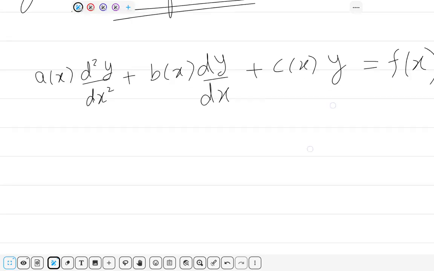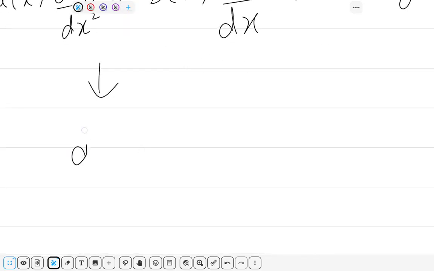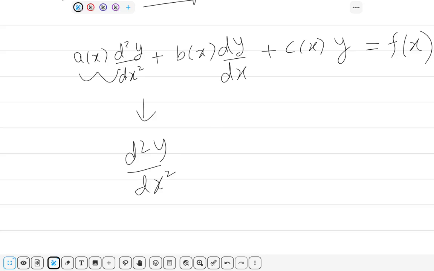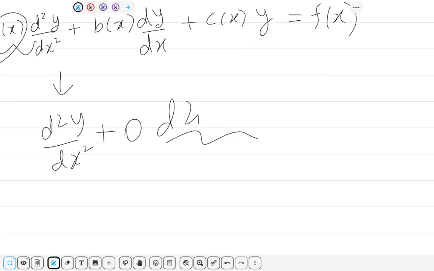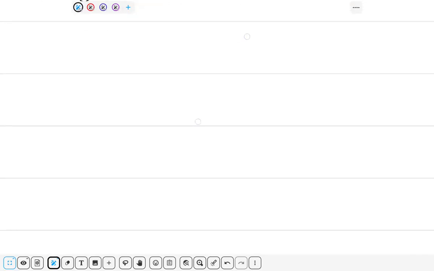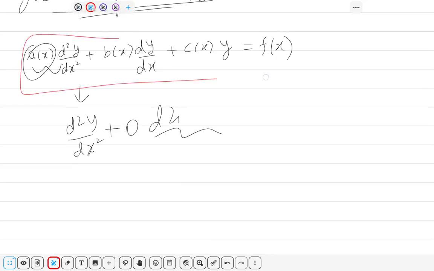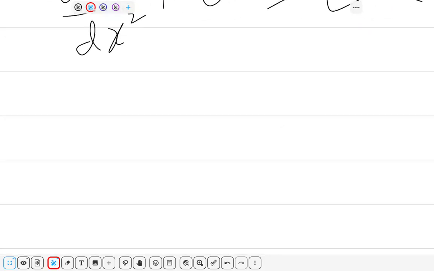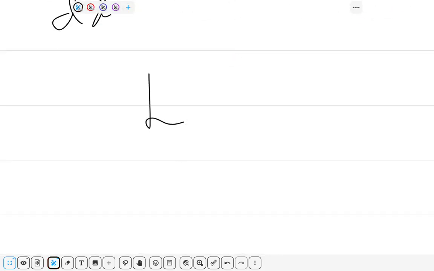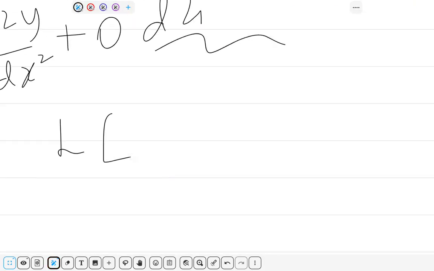Of course, I am always free to divide the whole thing by a of x, and this will give me some stuff. So there is this differential relationship at every instant of the curve. Basically I will have some operator which does all this on my function y, and I get my function f of x.